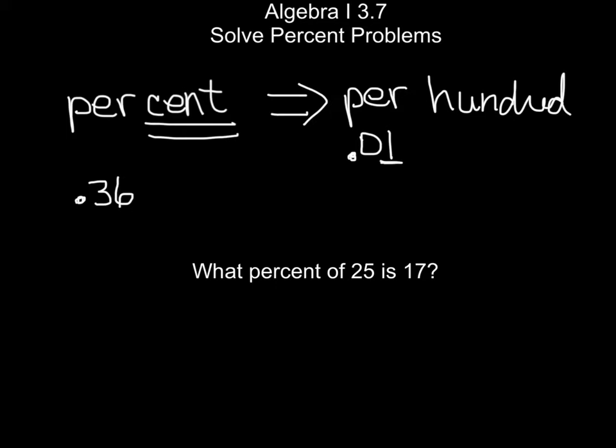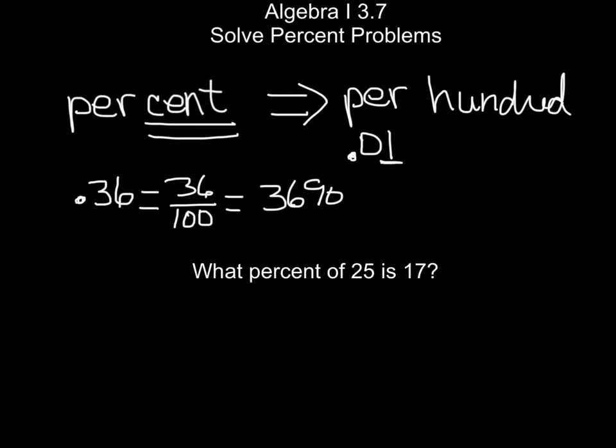So if you had the decimal 0.36, what that really is, is 36 hundredths. When you see it like that, that's 36 per hundred, which means 36%. So anything that has two decimal places, to change it into a percent, we're going to move it 2 places to the right.